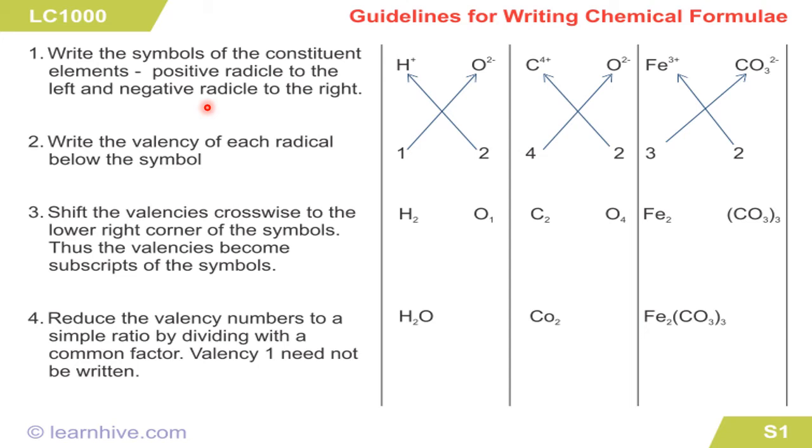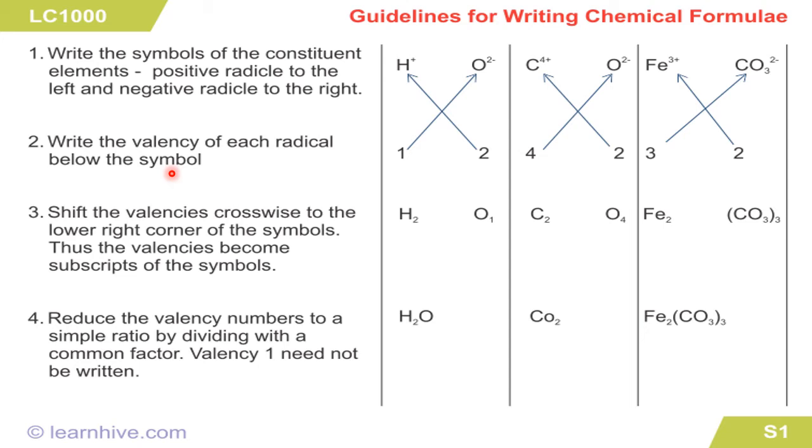After writing the positive ion and the negative ion, what is next? Next is write the valency of each radical below the symbol, or in place of valency you can write down the charge. For example, the charge of calcium is +2 and the charge of chloride is -1.